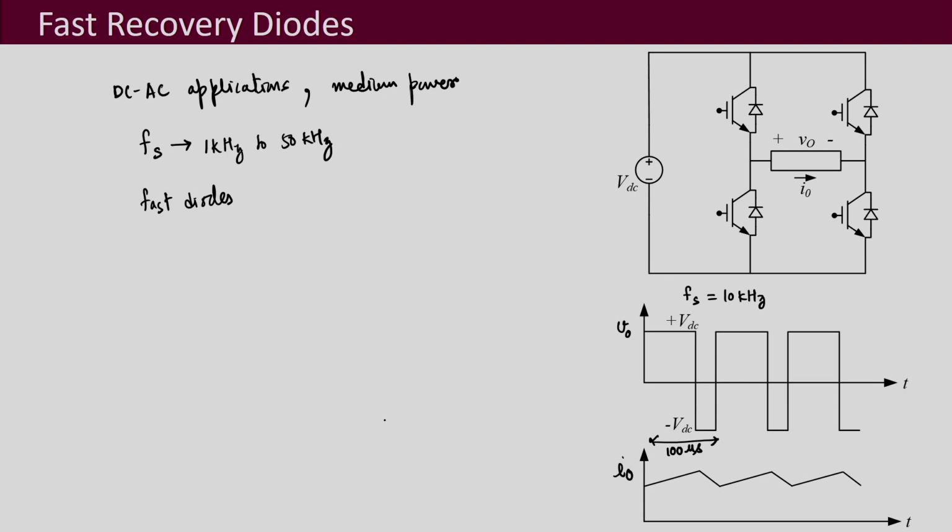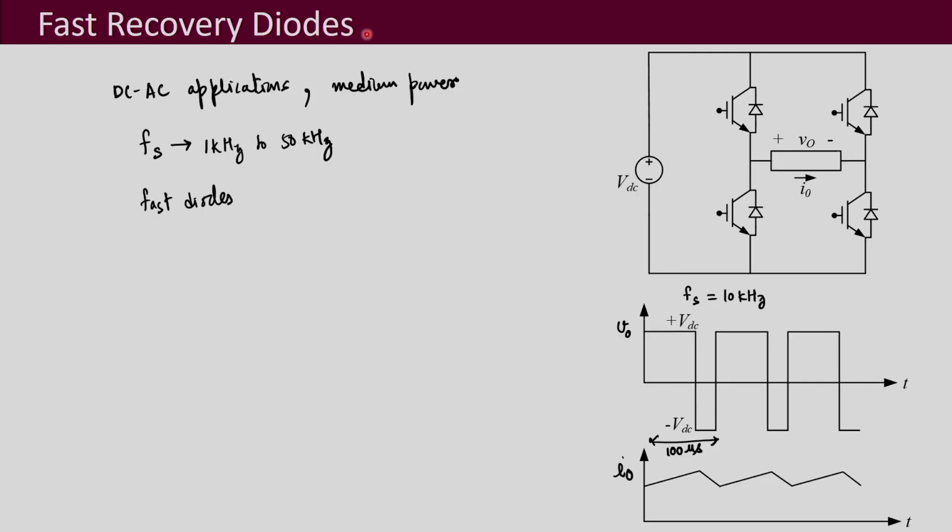So, the low on-state voltage drop which we get in Schottky diodes may not be possible to get, but we can definitely make diodes which can recover very fast. Fast diodes can be obtained with reasonably high blocking voltages and reasonable current ratings. Those kinds of diodes are fast recovery diodes.